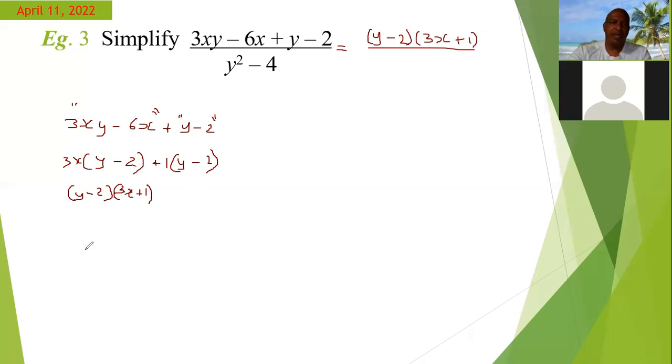So this part here would be the factorized form of the numerator, right?